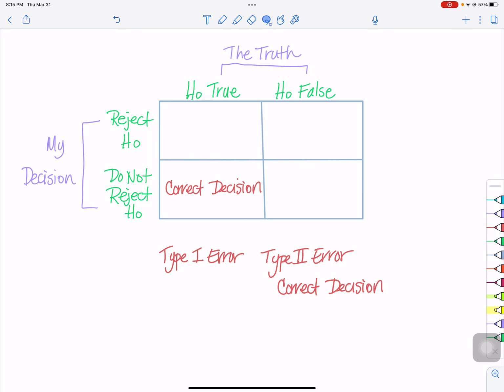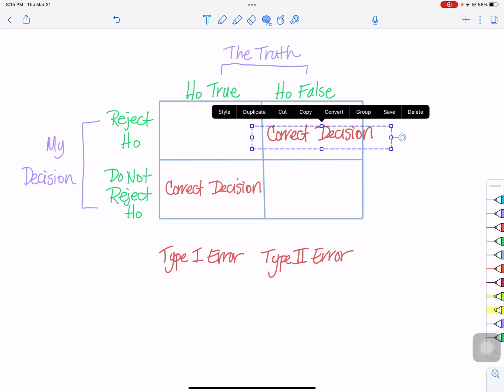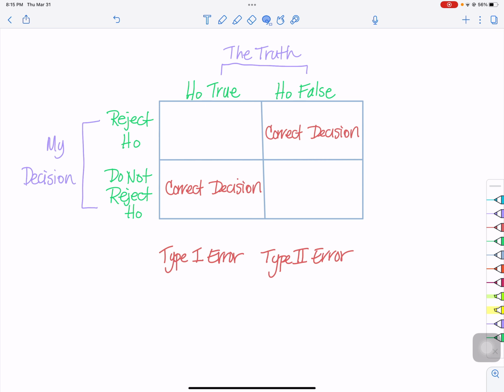So not rejecting a true hypothesis. Okay? Now let's go to the next area. What if the null hypothesis is false and we do reject it? That's a good decision. It's a good decision to reject something that's false. So now we can place our correct decision in this next area.